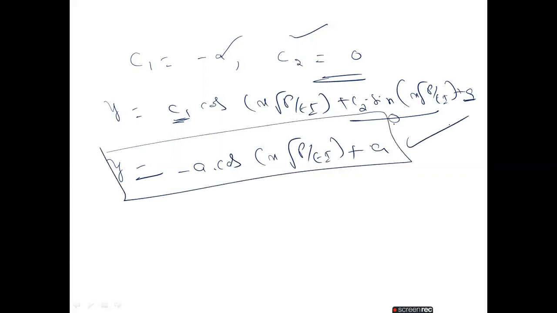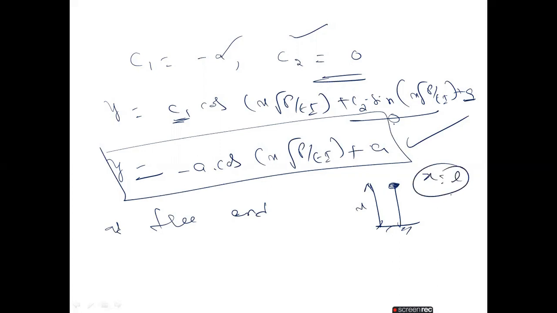Now, at the free end of the column, if you observe, what happened? When the column is fixed and the other end is a free end, the length is x equal to L, and at the same time, y equal to a. I will write here again. If it is a fixed condition, we know already, it is bending like this.